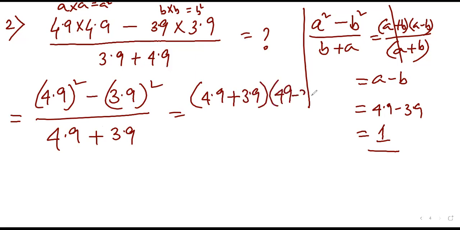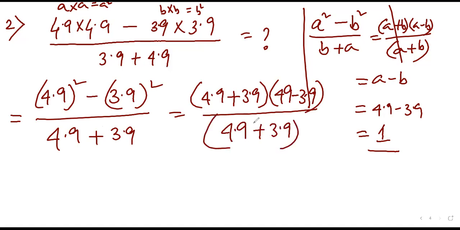But still more of you want this way to understand, and that is why I'm doing so. See, these two expressions would be cancelled out, so the answer is 4.9 minus 3.9. Clear?